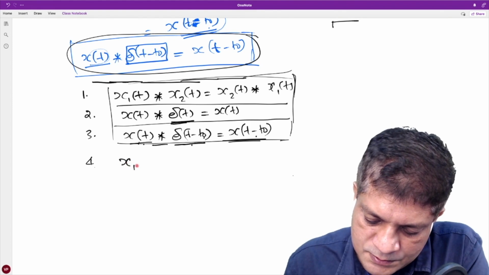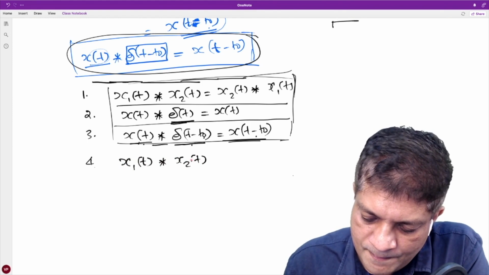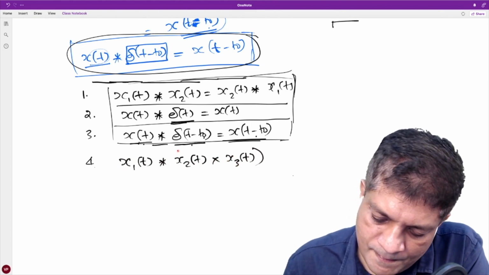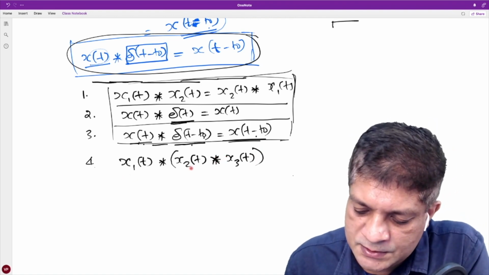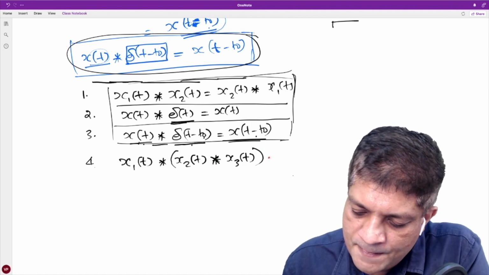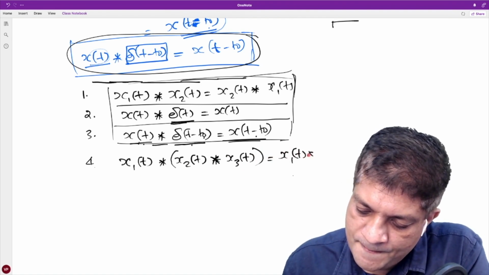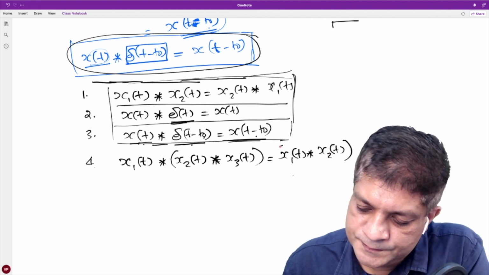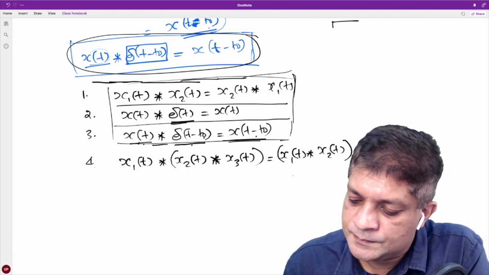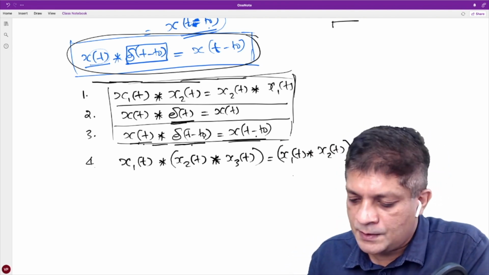If we convolve three signals x1(t), x2(t) and x3(t), then we can write it as x1(t) convolved with x2(t), convolved with x3(t), that is the associative property.